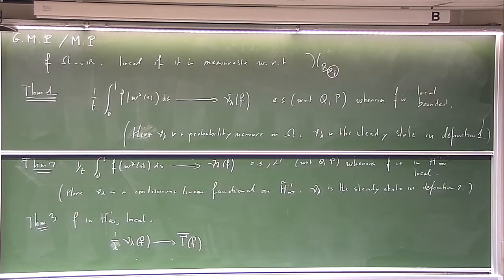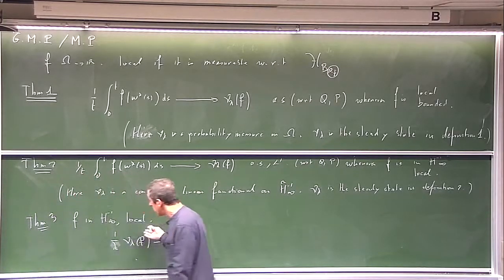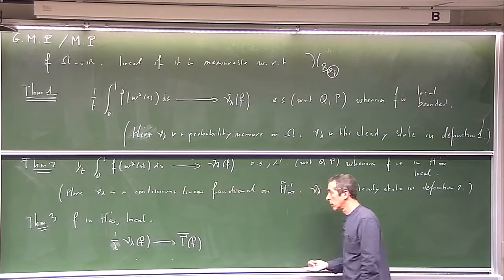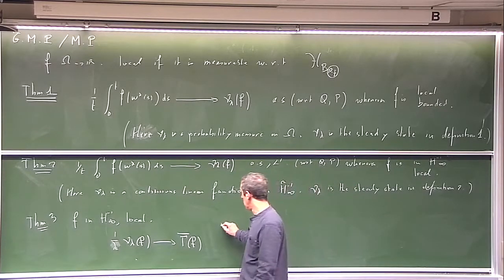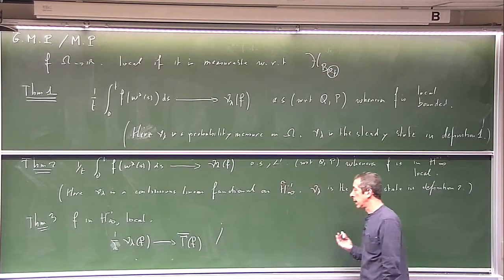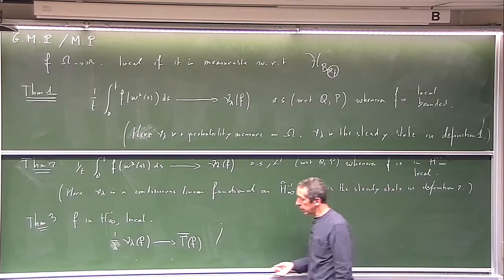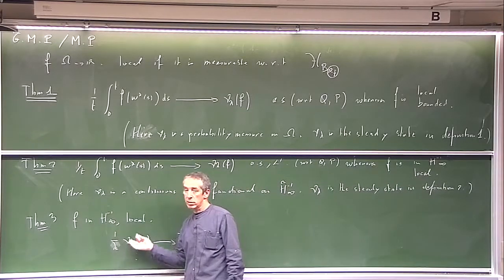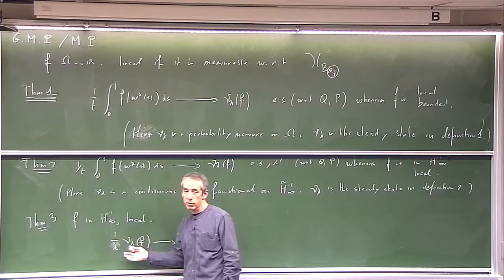But again, once you prove that for local functions, you extend to continuous functions, and that's not difficult because we have a priori bounds on this thing coming from the Lipschitz continuity of nu lambda.